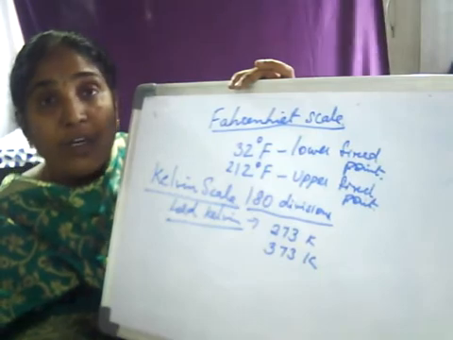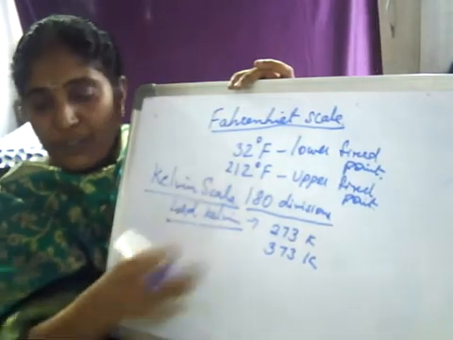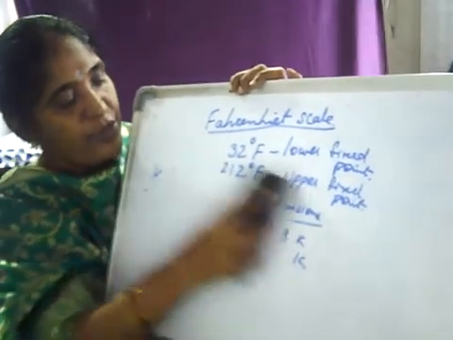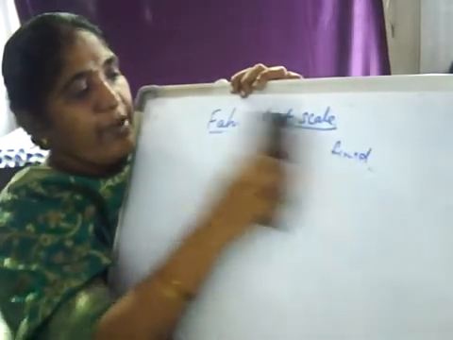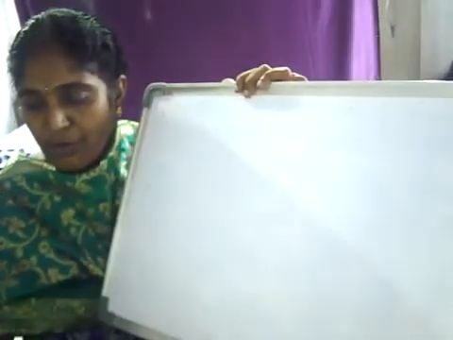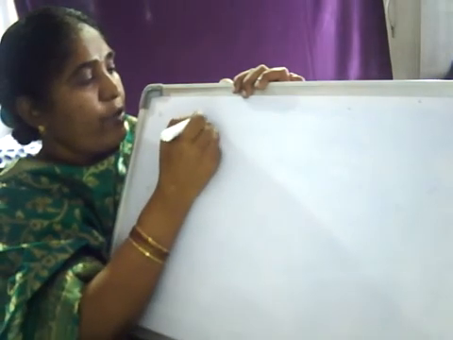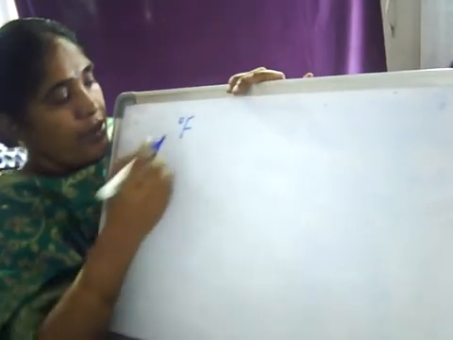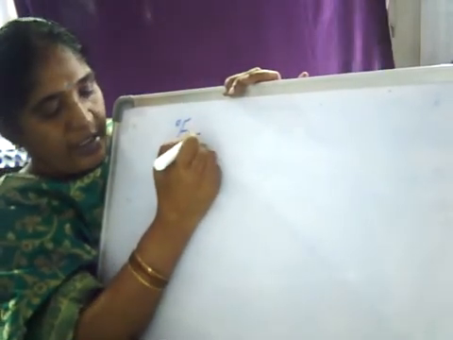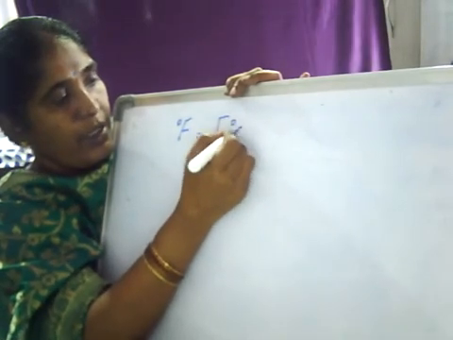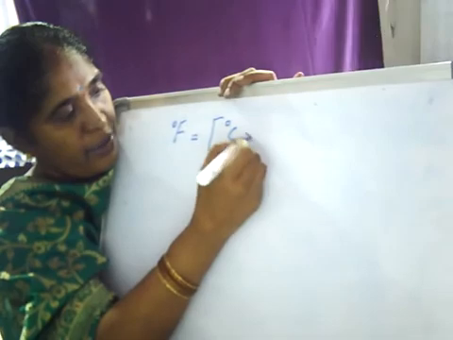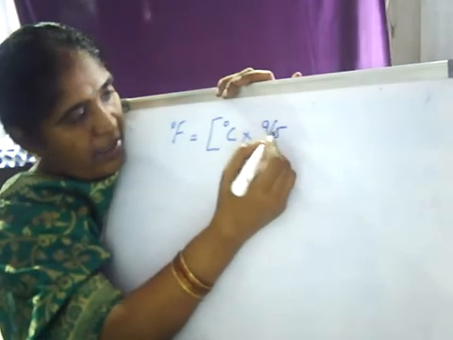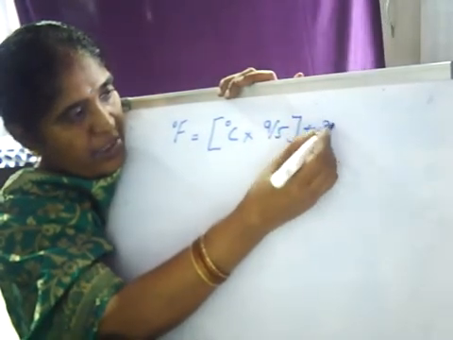Now we have to learn how to convert from one scale into another. For example, if I want to convert the Celsius scale into the Fahrenheit scale, degrees Fahrenheit is equal to degrees centigrade into 9 by 5 plus 32.